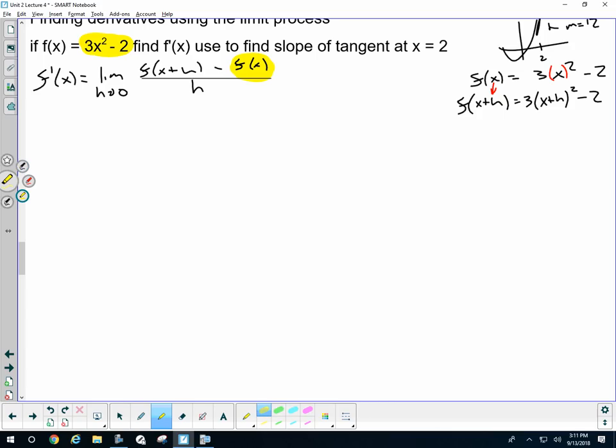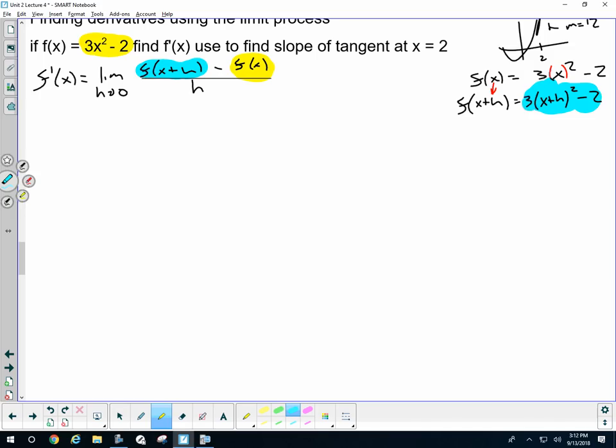Okay, go ahead and take that and plug it into my formula. Everybody do that. You need space, so don't write big on this situation. Go. Plug it in. Let's use our formula. Okay.